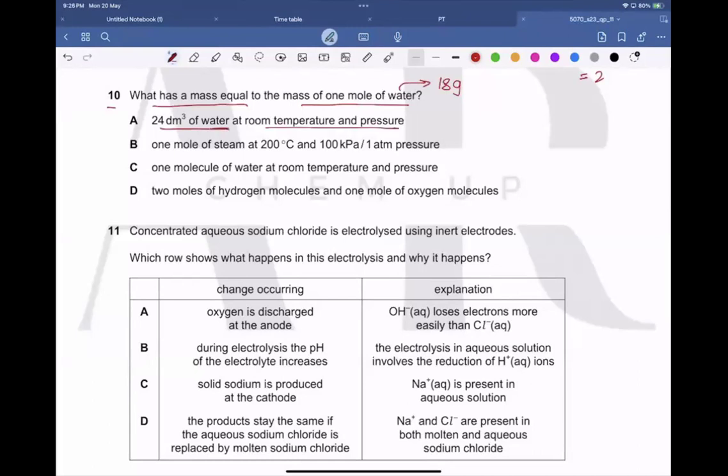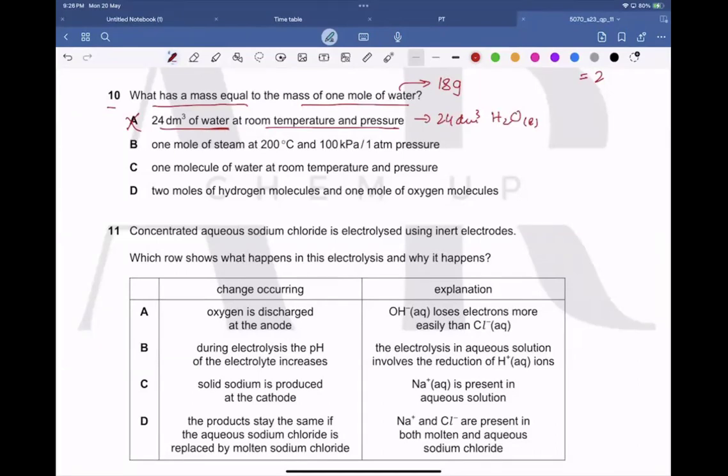See, it is going to be wrong because water means they are talking about water, which is a liquid, not steam. So we know that if there is a gas and its volume is 24 decimeter cube at room temperature and pressure, then it is going to be 1 mole.